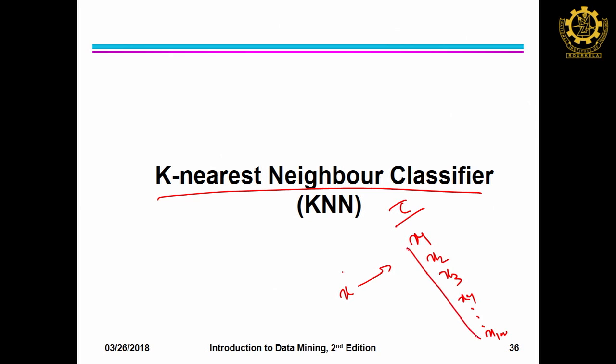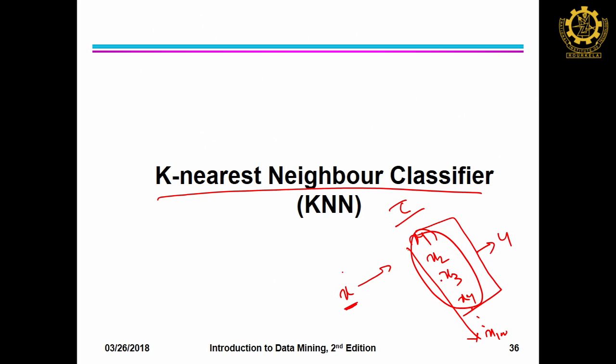You can sort them, take the 4 patterns, and find the class label. But what will be the complexity if I use this technique for identifying the class label of one object?